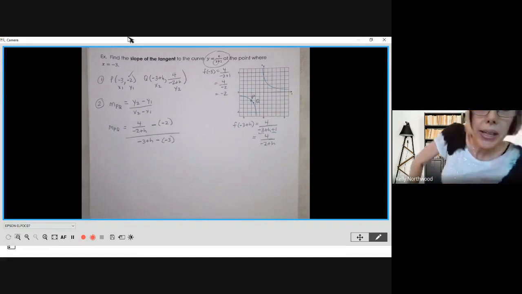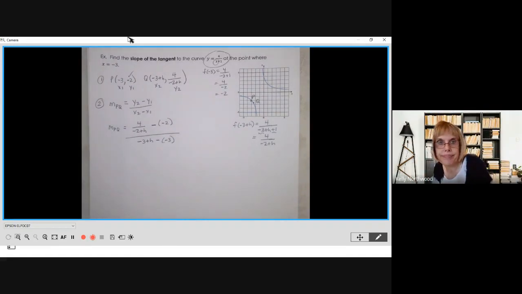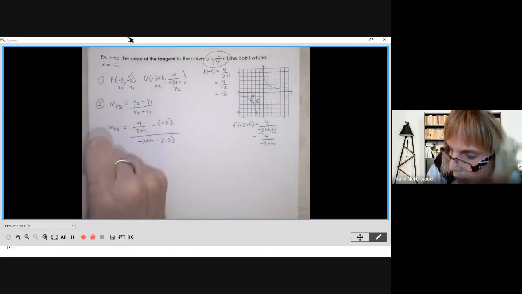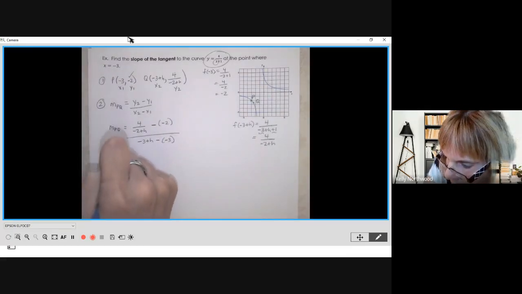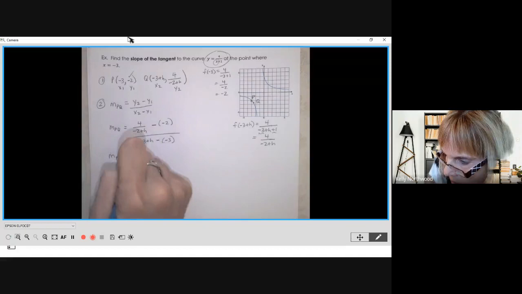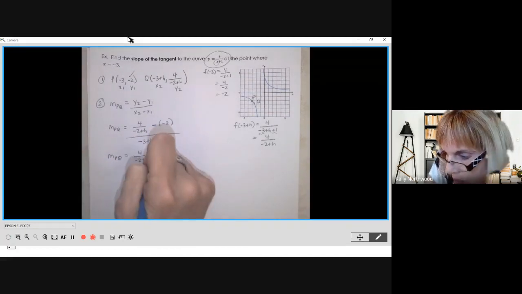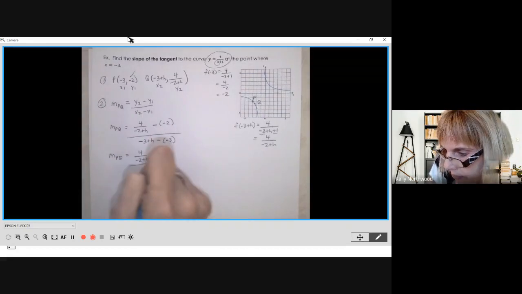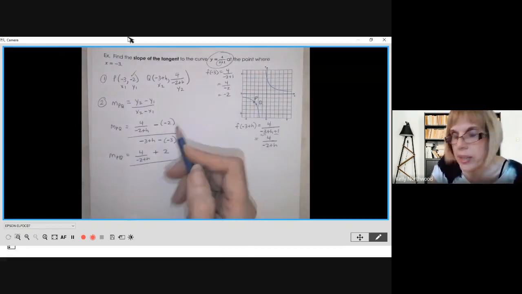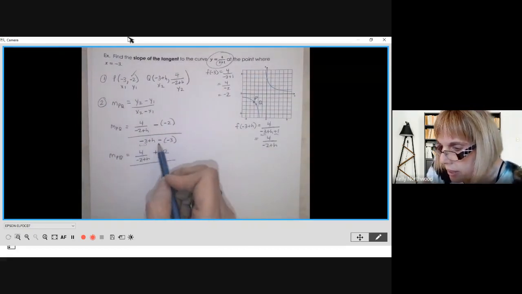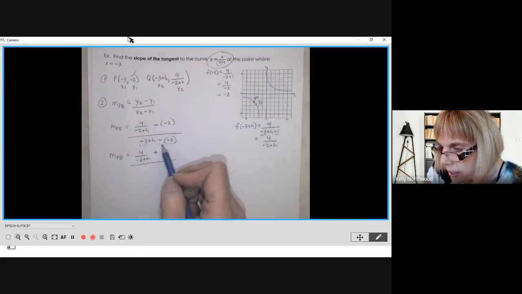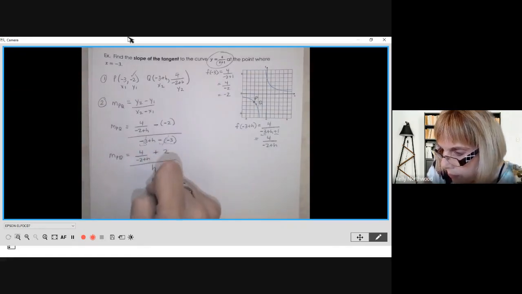So we've got this 3-layer fraction here right now. I'm going to clean it up a little bit first. I'm going to change this subtract a negative to an add. And in the denominator, I'm going to take the -3 and the minus -3, which is a 0 pair.